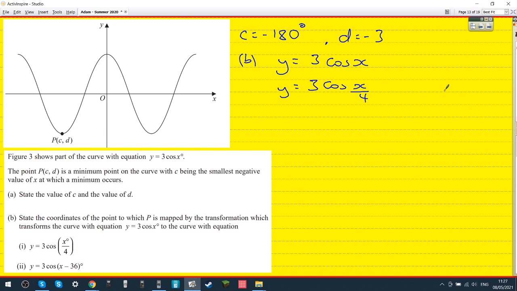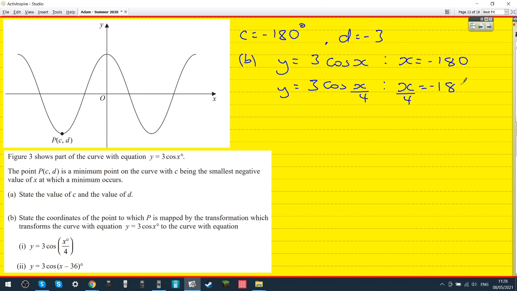It doesn't look like it's going to affect y. Let me give you an easy way, because I used to try teaching this and it was tricky. So for y is equal to 3 cos x, the x coordinate C was x equals minus 180. For the new one, what did x become? x over 4.